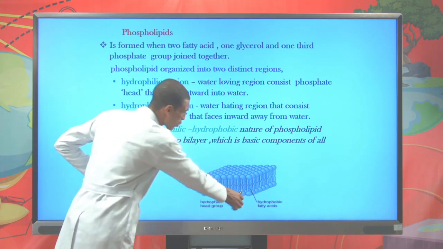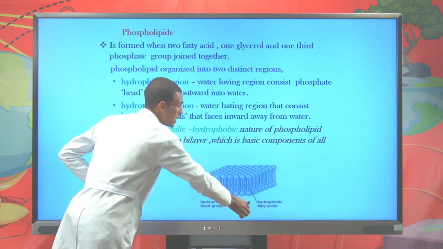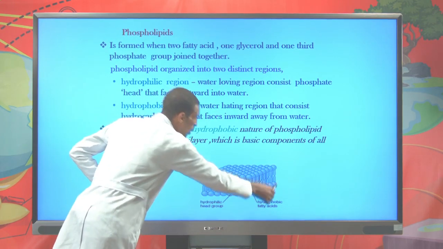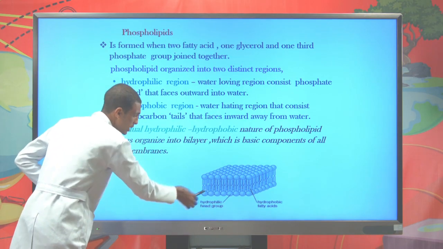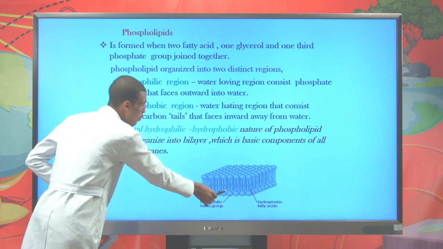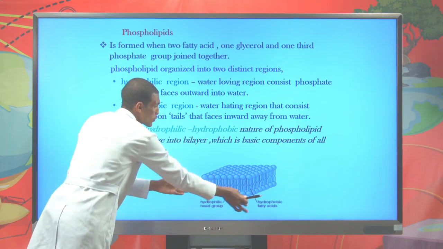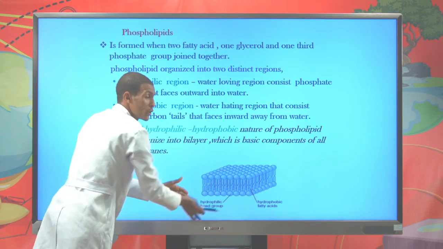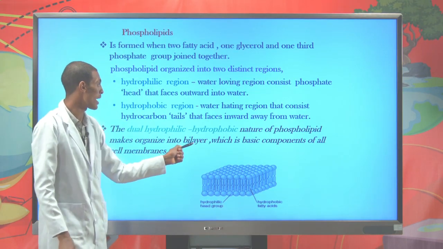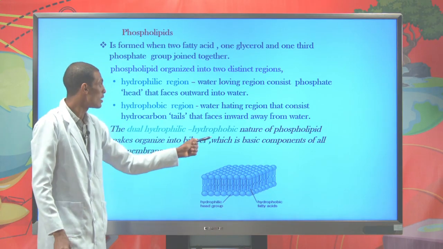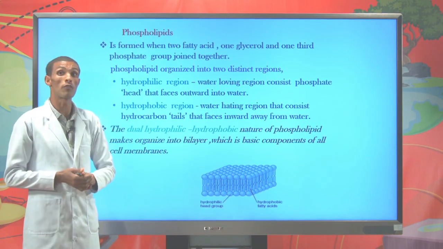The hydrophobic region, which contains the hydrocarbon tail, moves inward away from the water, whereas the hydrophilic head, a water-loving phosphate group, moves outward into the water. This dual nature of phospholipid is very important to make the membrane become arranged in a bilayer. So, phospholipid is the key for membrane bilayer formation.